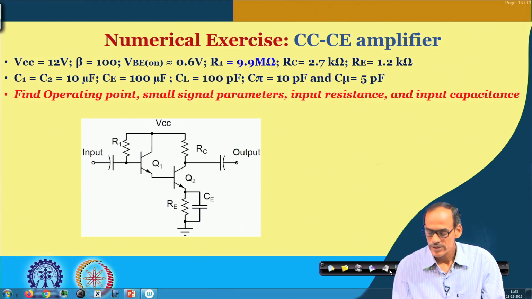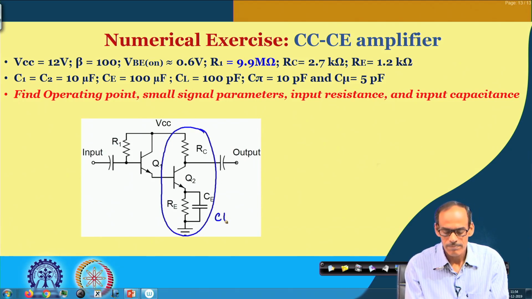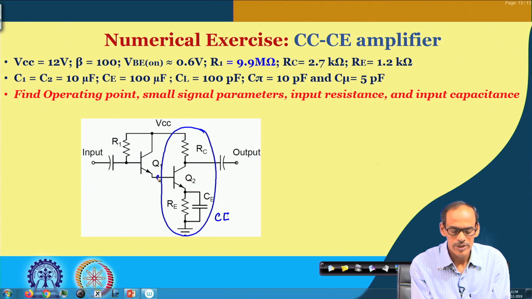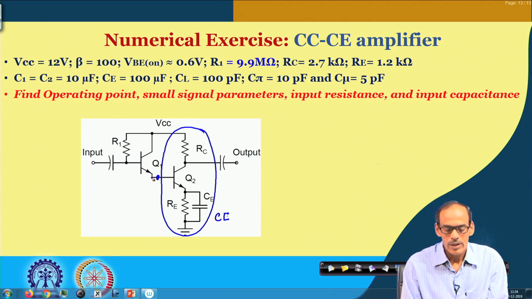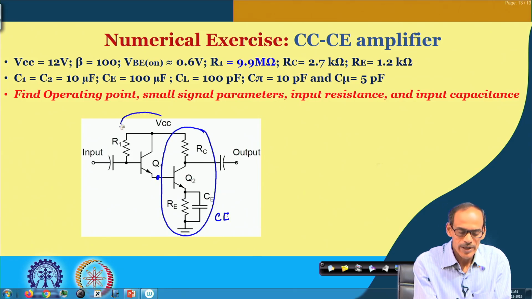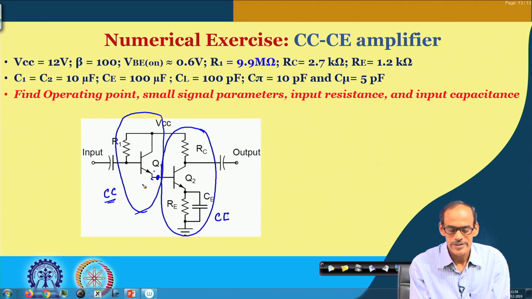What we have here is the CE stage, assuming we have a meaningful DC voltage coming here from the previous circuit, and that is preceded by a CC stage. Note that I am not providing any separate bias for the CC stage and the CE stage.